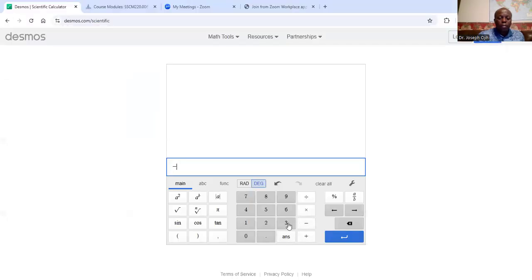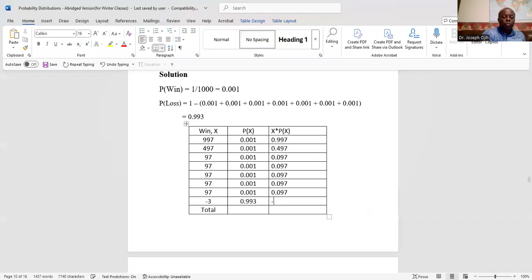So -3 times 0.993 is negative 2.979. Negative 2.979.